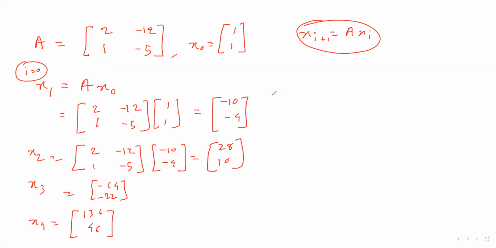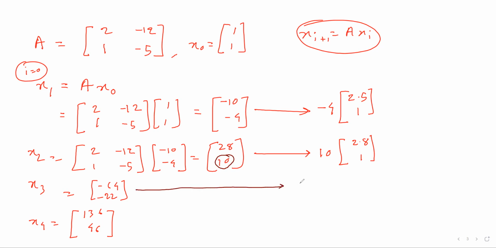But then again, an eigenvector can be scaled, right? So what we are going to do is take the minus 4 as common, then we get (2.5, 1). Do the same with this. Take 10 out, we have (2.8, 1). So what we are doing is taking the number at the bottom out of the vector every time.